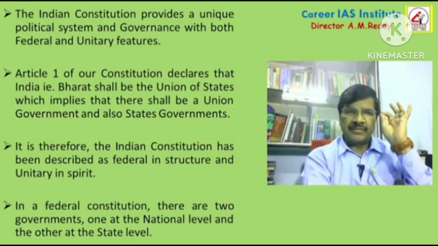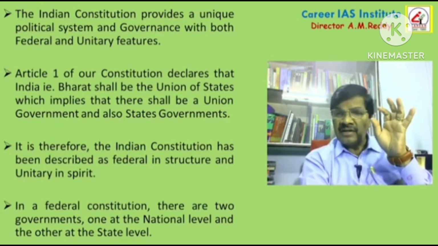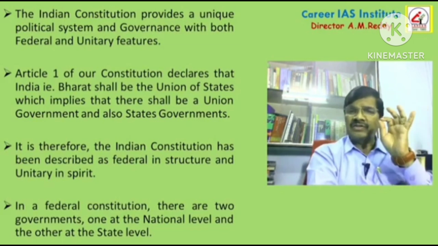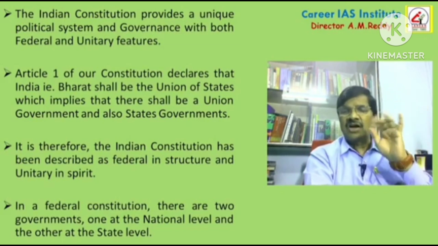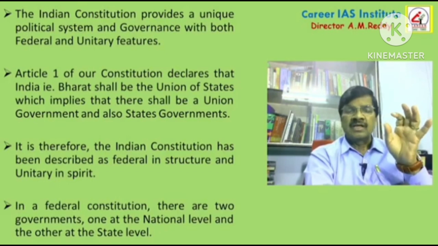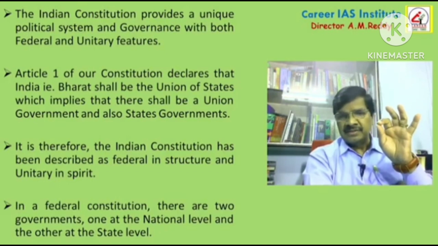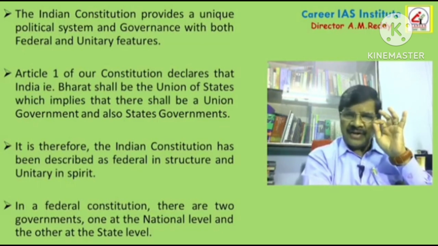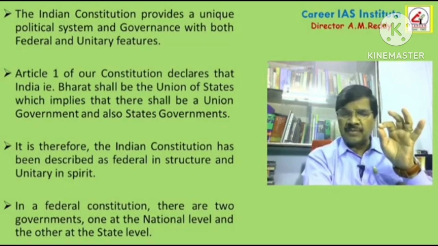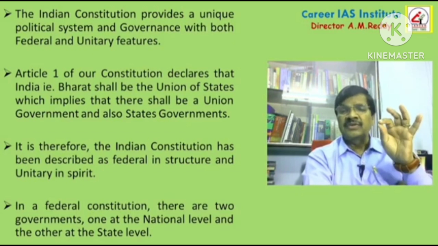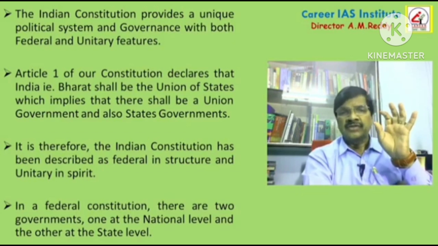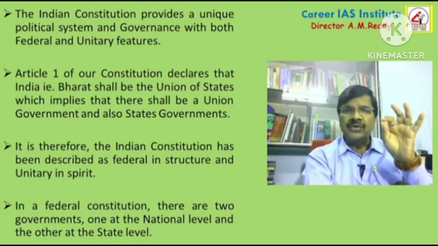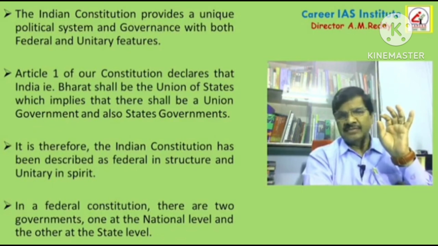And now we can say, what is Article 1? Article 1 of our Constitution declares that India, that is Bharat. What is the official name of India? Means, as per the provisions of our Constitution, it is Bharat, shall be the union of states.